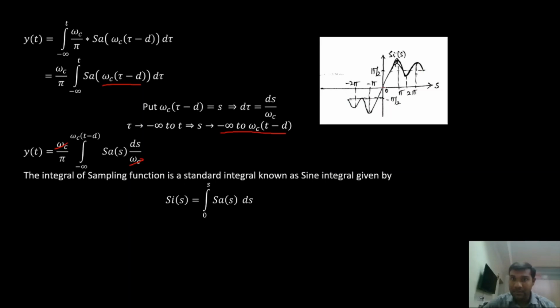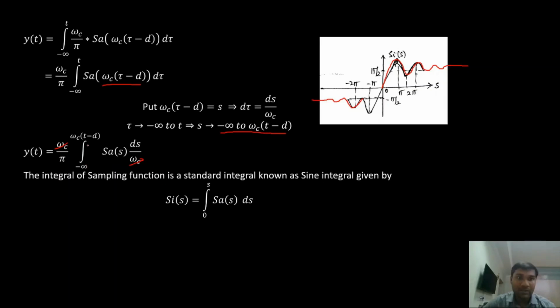The sine integral increases from 0, then has damped oscillations, and at infinity it settles at pi by 2. Similarly, at minus infinity it settles at minus pi by 2. This is my sine integral.